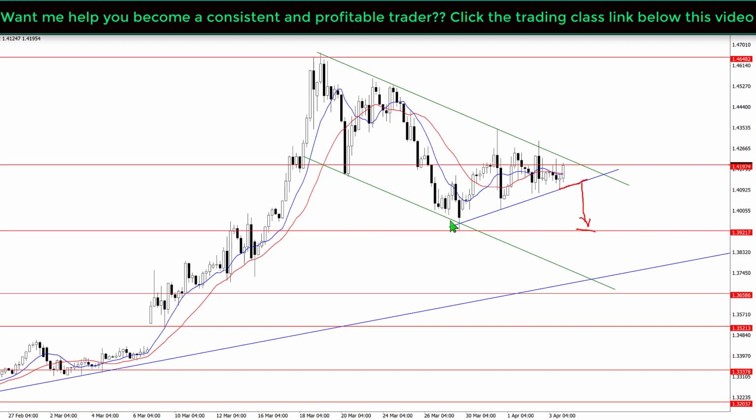This zone has been rejecting price right from March of this year, and then we had a swing high right here, a consolidation phase right here. So this is the next key level the pair has to clear before we have a rotation downward to this side.